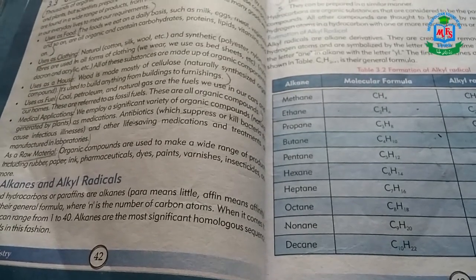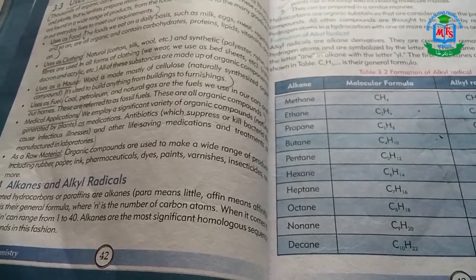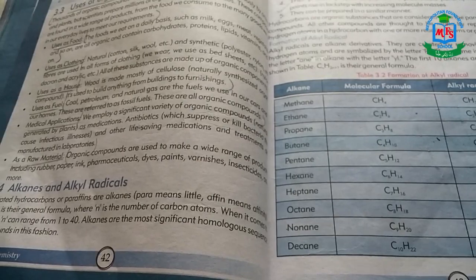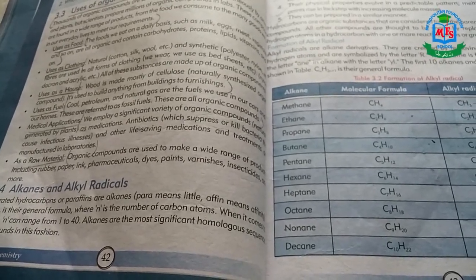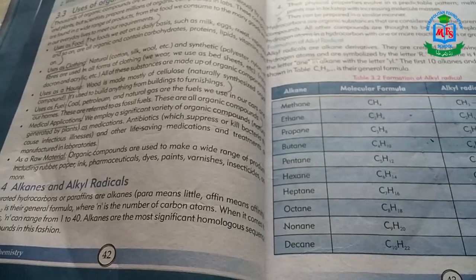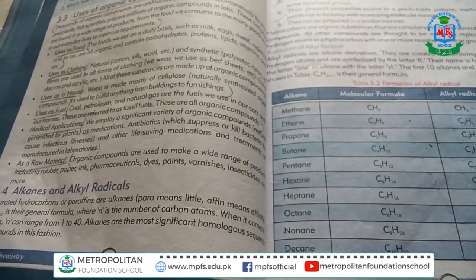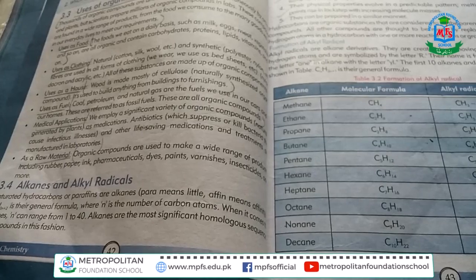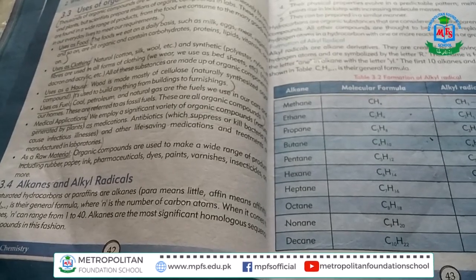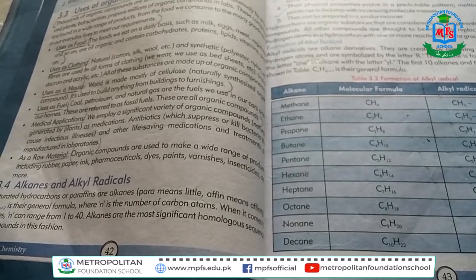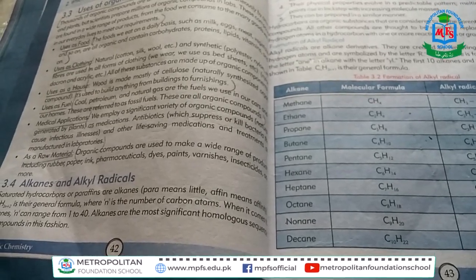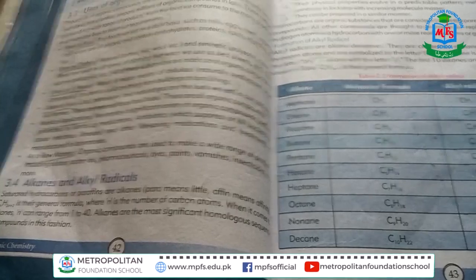If three carbon atoms present, then we use the word "prop". If four carbon atoms present, then we use the word "but". If five carbon atoms present, then we use the word "pent". If six carbon atoms present, then we use the word "hex".